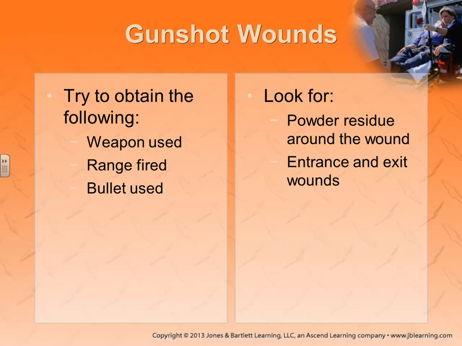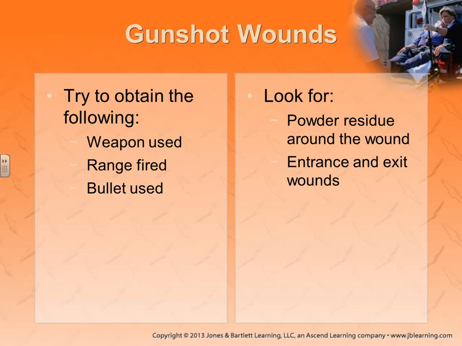It is pretty imperative that you look at a couple of factors whenever you are assessing a penetrating wound, whether it is a knife or stab wound, or it is a gunshot wound.